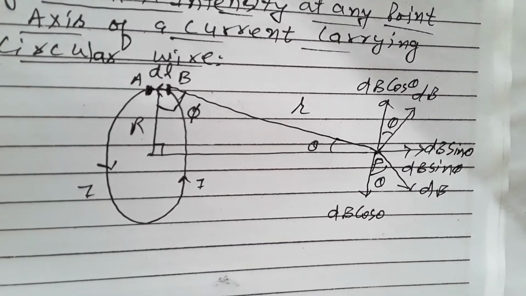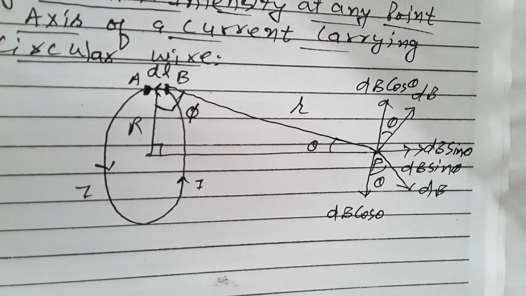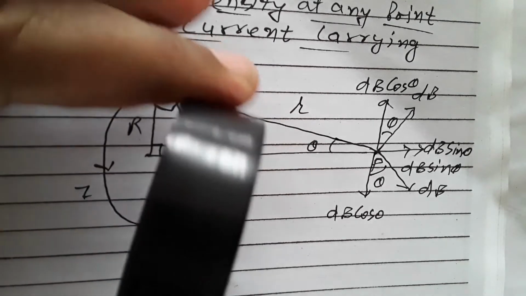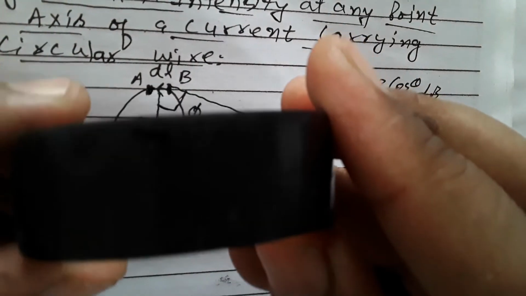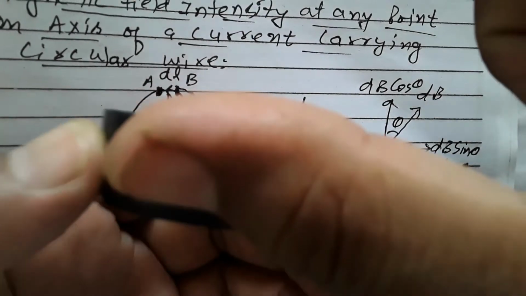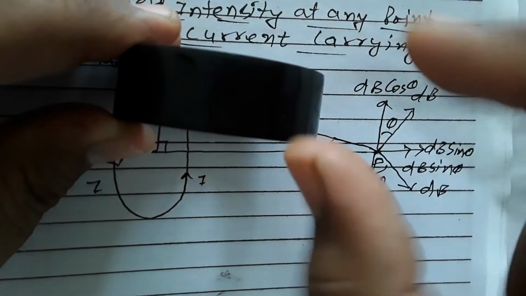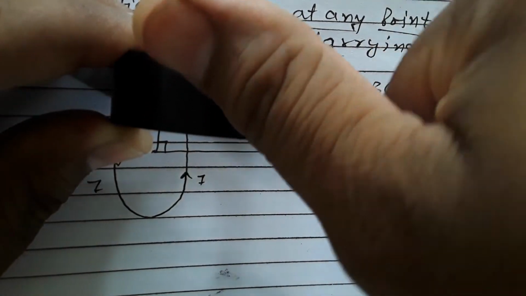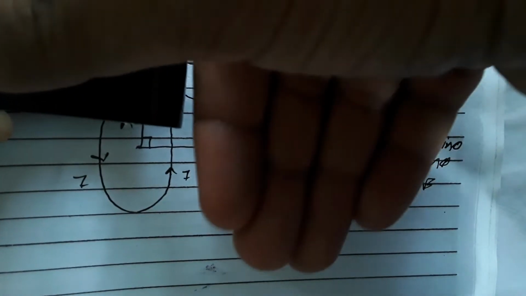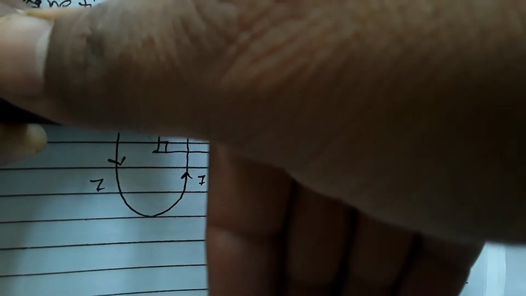Now to find the direction of the magnetic field intensity, suppose this is a circular ring and this is a small length dl. This is the direction of the current. Now apply the right hand thumb rule.